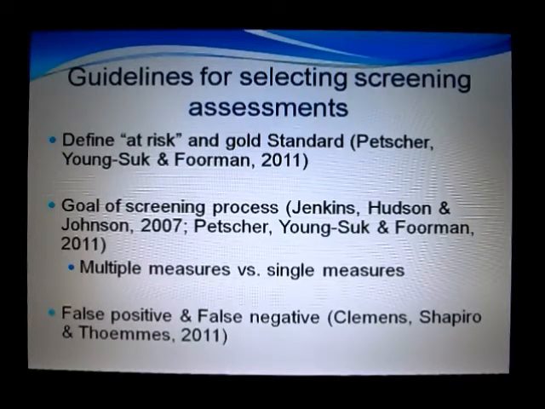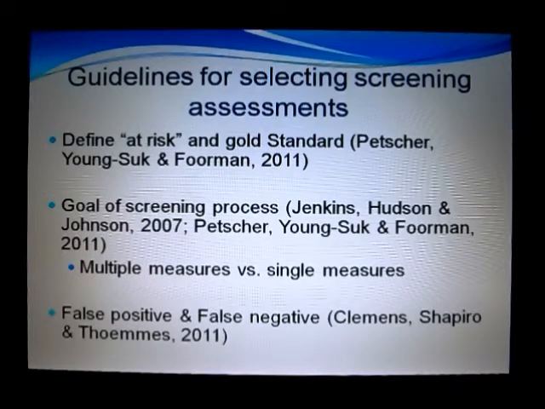Multiple measures are usually more accurate than single measures are for identifying students that are at risk. But sometimes you end up with so much data that it can be hard to put all the information together and come up with a clear cut what is at risk and what's not at risk. It just becomes a lot of information on your plate that can be hard to deal with.